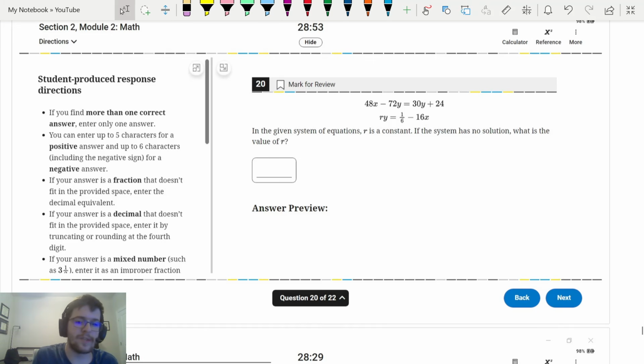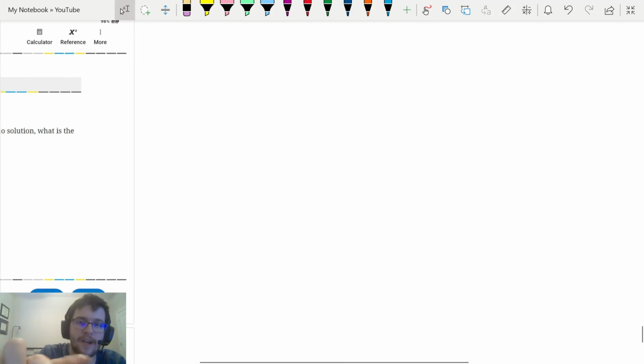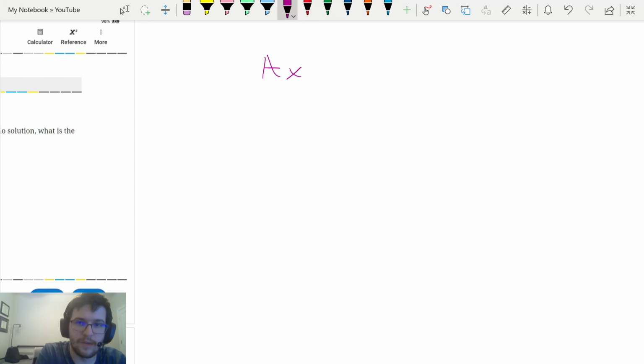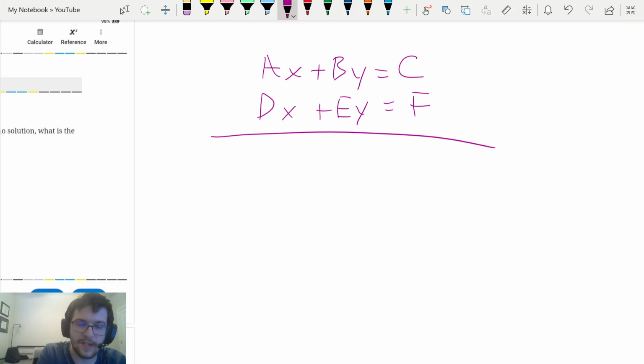All right, so what I'm going to do for this one, I'm going to once again go over this in a table. Remember how we said same slope, different y-intercept? You can also do this for equations in standard form.